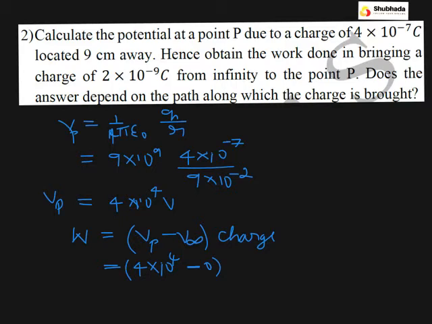Charge is 2 into 10 to the power of minus 9 coulomb. So if I simplify this, I will get 8 into 10 to the power of minus 5 joules. This much amount of work has to be done to bring a charge of 2 into 10 to the power of minus 9 coulomb from infinity to that particular point P.